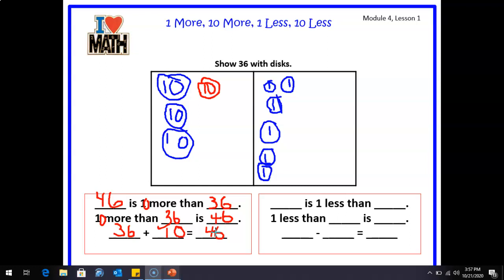Yes, in the tens place. So you can say 46 is 10 more than 36. And now, how can I say that starting with 46? I can say 46 equals 10 plus 36.